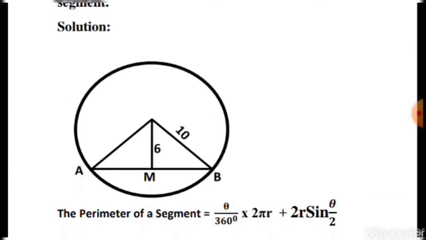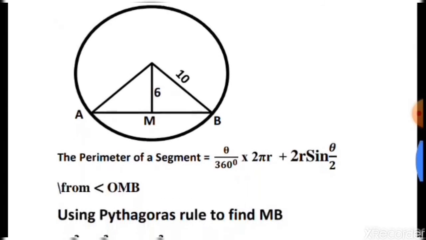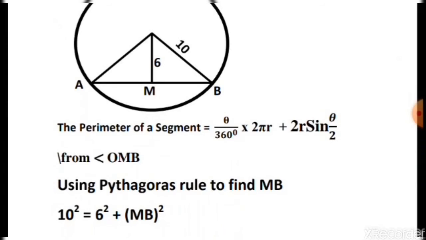Now, we are still going to adopt that formula, which says perimeter of a segment is theta over 360 times 2 pi r plus 2 r sine theta over 2. Now, if you look at the diagram, we have two right angle triangles.